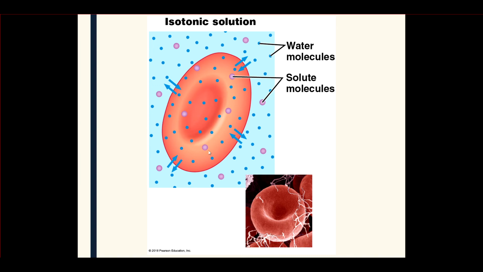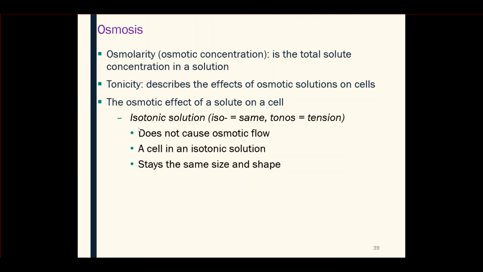It will stay exactly like a frisbee with a little bit of a dip on the top here, and there's also a dip on the bottom, believe it or not. So an isotonic solution does not cause osmotic flow, right? It's not going to pull water into the cell or out of the cell. A cell in an isotonic solution stays the same size and shape. All right, it's not going to be affected at all.